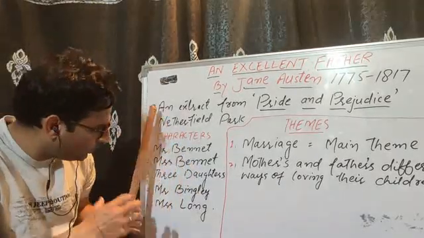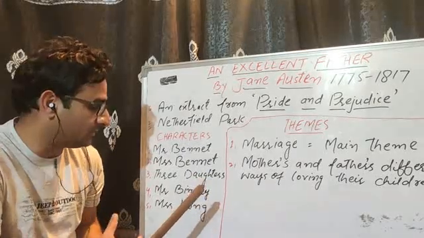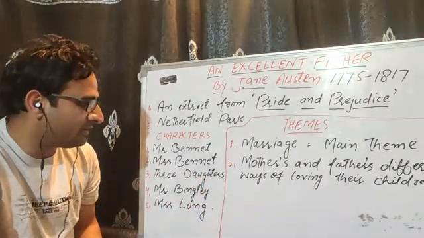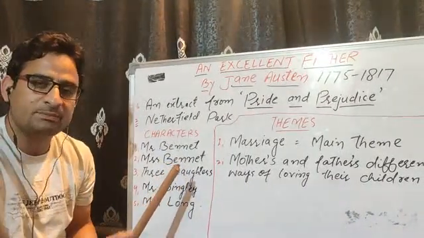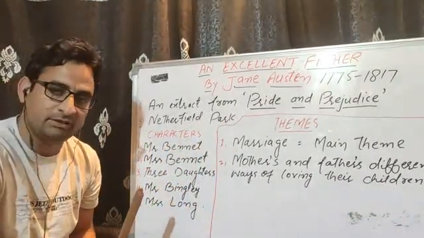And the whole conversation between the characters is what it is all about. If Mrs. Bennet is unhappy with Mr. Bennet, it is because he is not visiting Mr. Bingley's house.